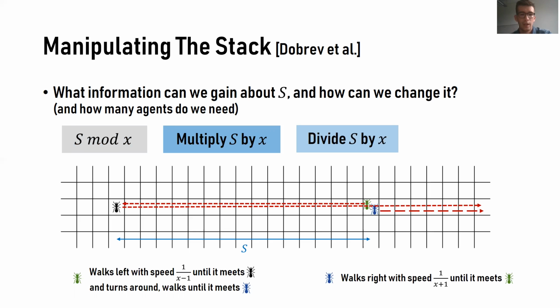So how do we multiply it by some number x? Well, if you think of x as being equal to 2, we want that after the operation, green and blue are located at distance 2s from the black guy. Now, how can we achieve this? Well, if agents were to move at different speeds, we could do this, right?